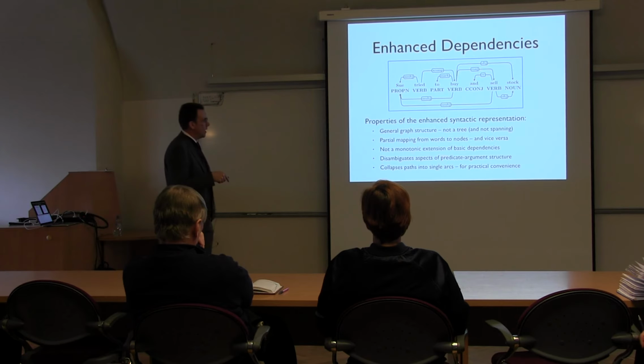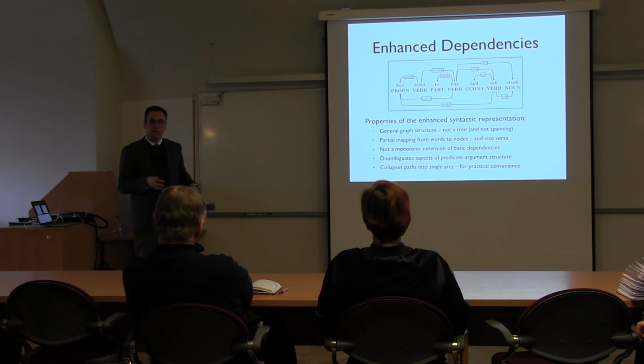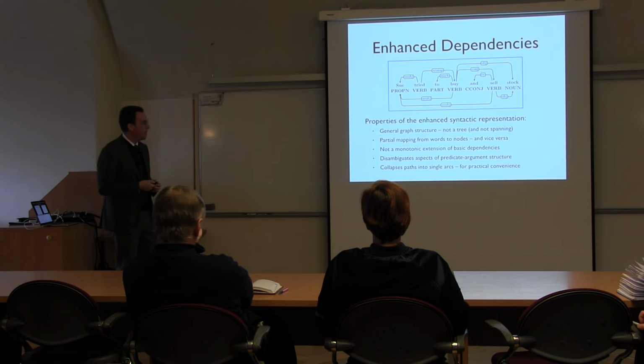So in the general case, the enhanced dependencies is also not just a monotonic extension of the basic dependencies. This used to be the case in early versions of UD, but it's no longer the case that you just take the basic tree and then you add some more relations. In some cases, you actually change relations as well.